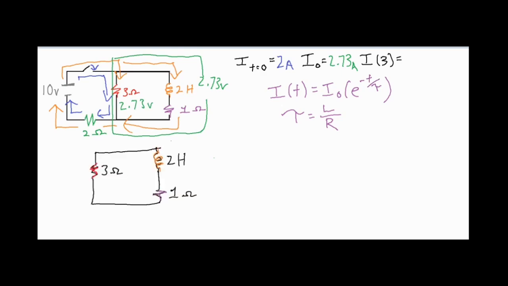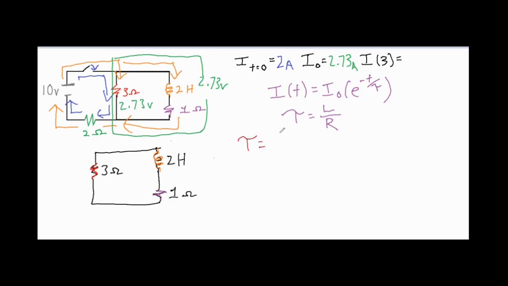We want to find out what the current is after 3 seconds as soon as this switch is opened. Now the inductor is basically the main power source pushing the charges around. First, we need to find the time constant.